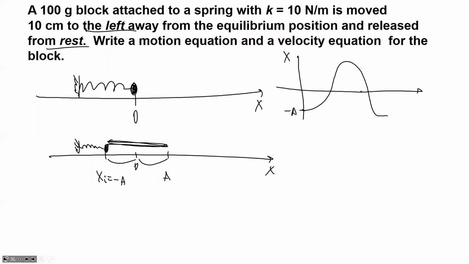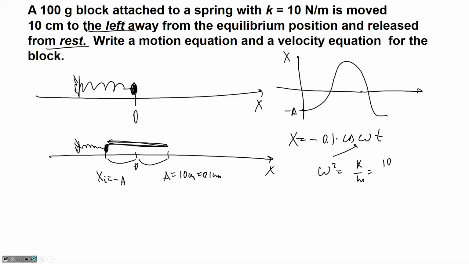And the motion equation should be: the amplitude is 10 centimeters or 0.1 of a meter, with a minus cosine omega t. But because we know these values, K and M, we can calculate the angular frequency.